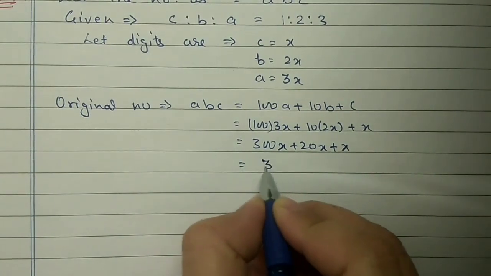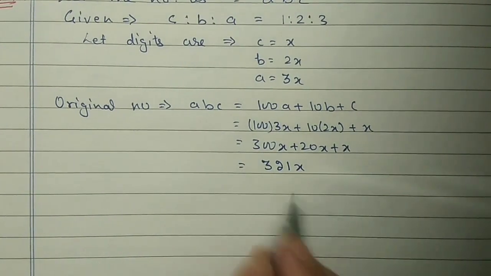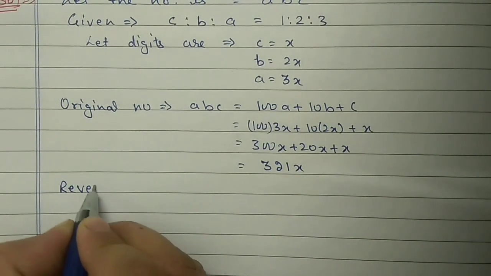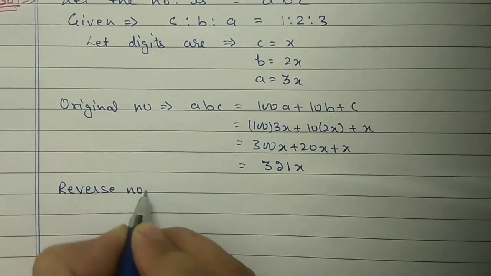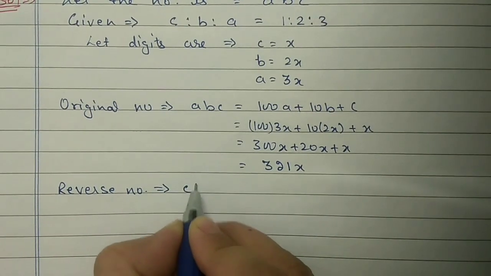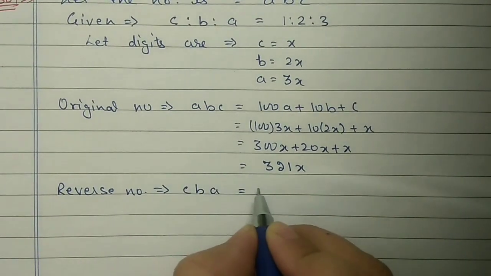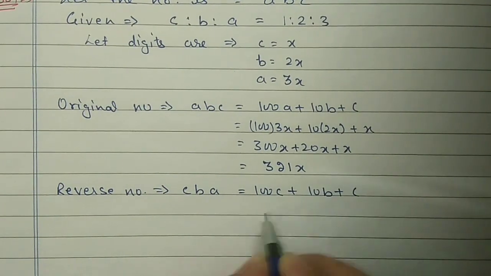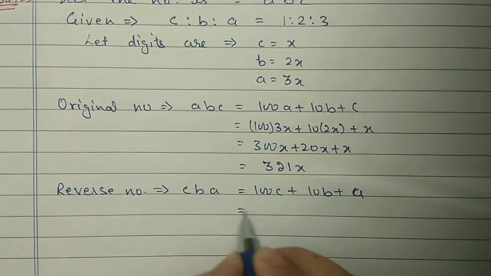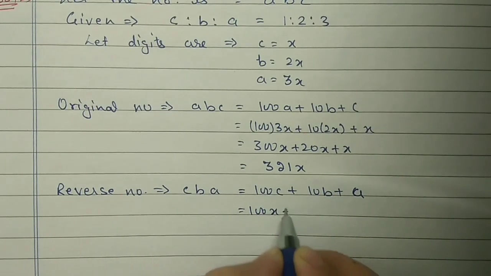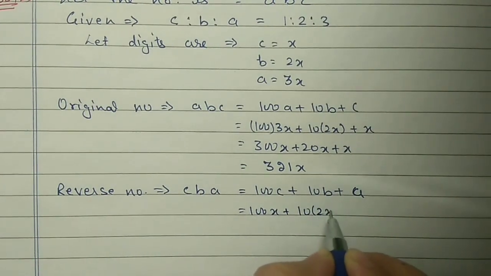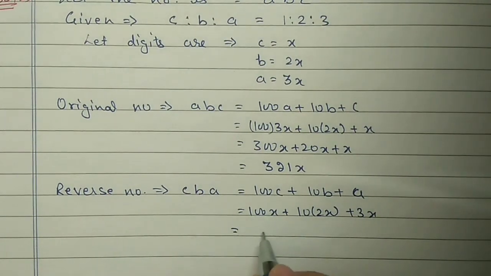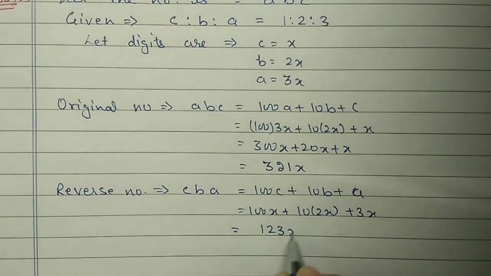After addition we get 321X. This is the original number. Similarly we will find the reverse number. Reverse number is CBA, general form is 100C plus 10B plus A. So 100 into X plus 10 into 2X plus 3X. After addition we get 123X.